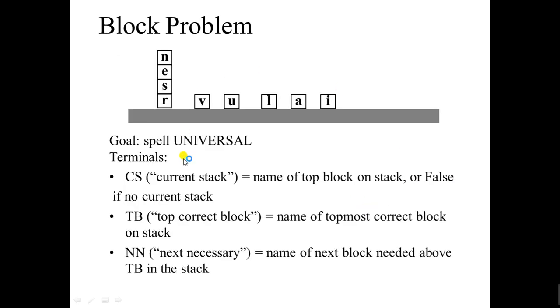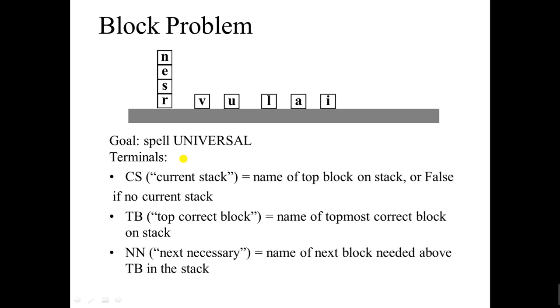The primitive functions used to compose programs for this task include the following three terminal arguments: CS, TB and NN. CS represents the current stack, that is, the name of the top block on the stack, or false if there is no current stack.